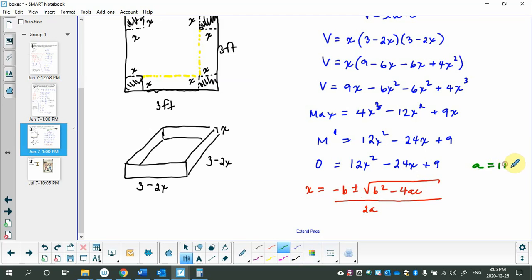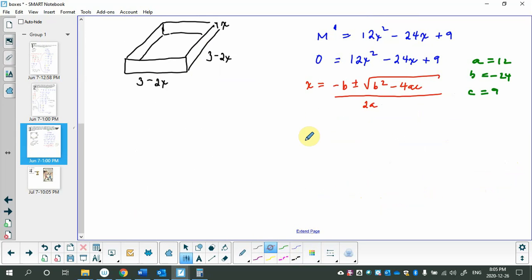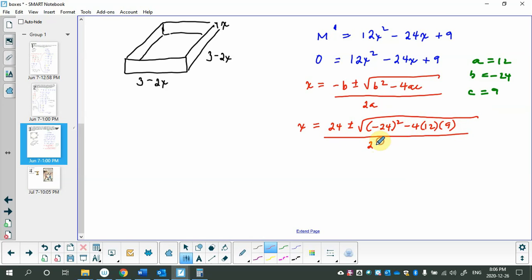A is 12, b negative 24, c positive 9. So negative negative 24 is 24 plus minus root negative 24 squared minus 4ac over 2a.